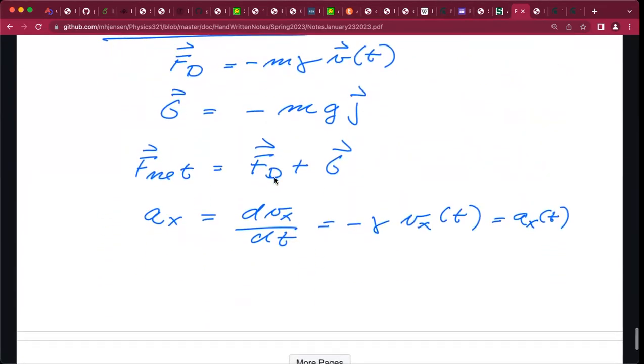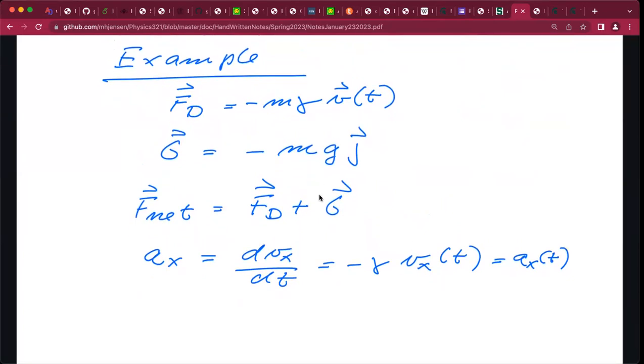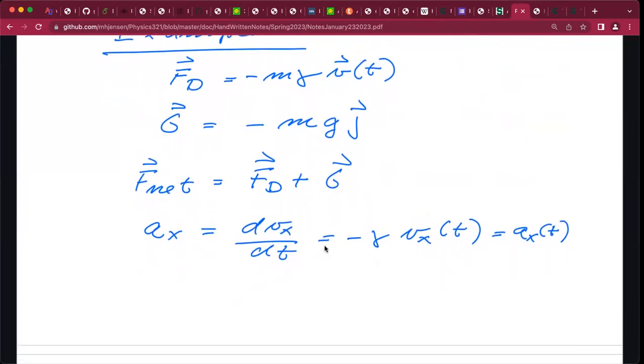So the other case which we looked at was a case where now the object is falling slowly, and then we can assume that this air resistance can be modeled as a function of just velocity. And when we do that, we end up with an equation which we could just integrate up again as we did before.